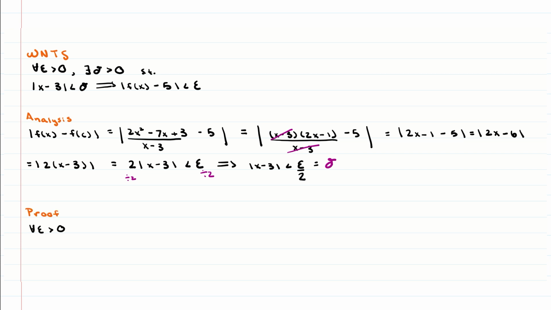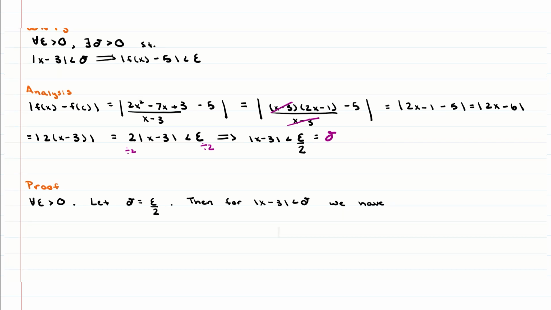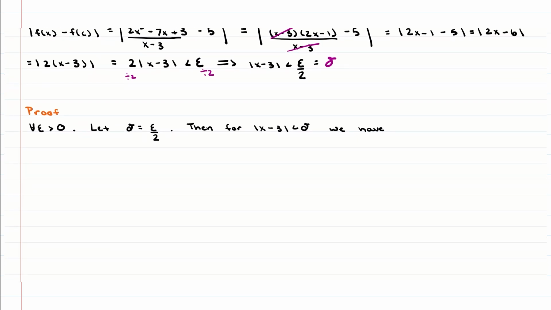Of course, we'll start with setting all epsilon greater than 0. And then we'll let delta equal epsilon over 2. Then for the absolute value of x − 3 less than delta, we have the absolute value of f(x) − 5. This equals the absolute value of (2x² − 7x + 3)/(x − 3) − 5.